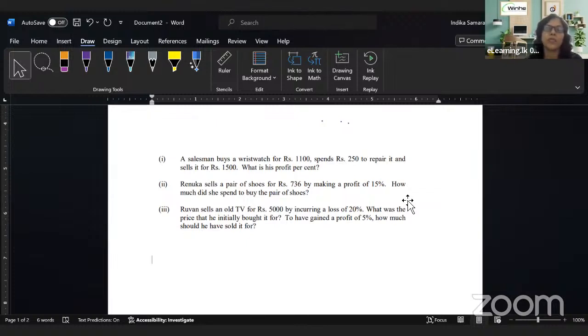What is his profit %? මොකද කියන්නේ watch එකක් ගත්තලු 1,100 වලට spend 250 to repair it and sell it for 1,500.